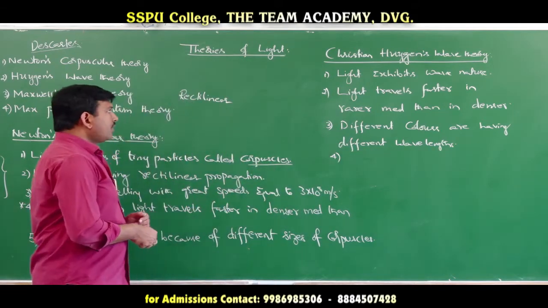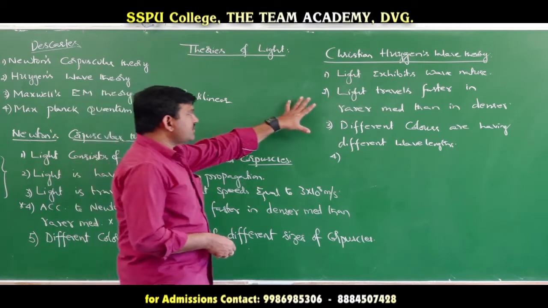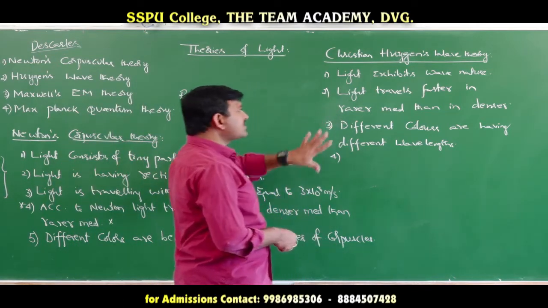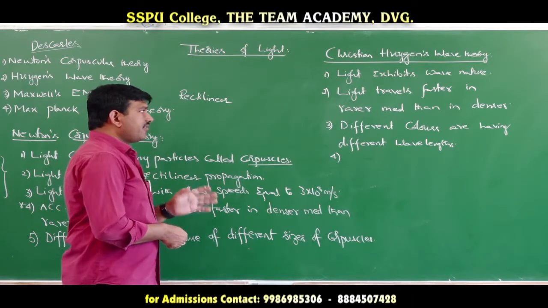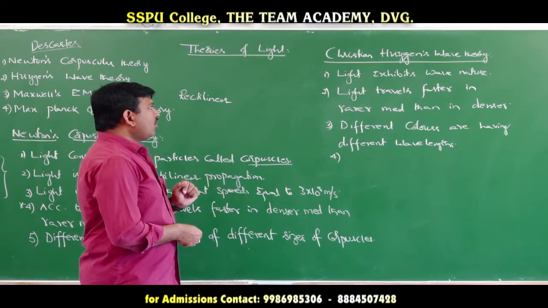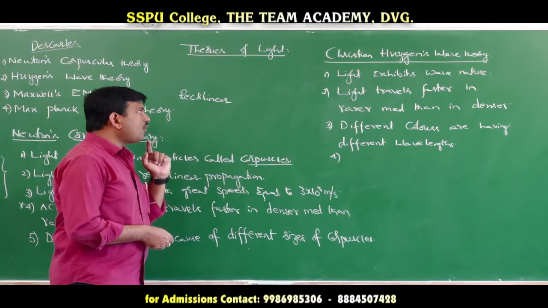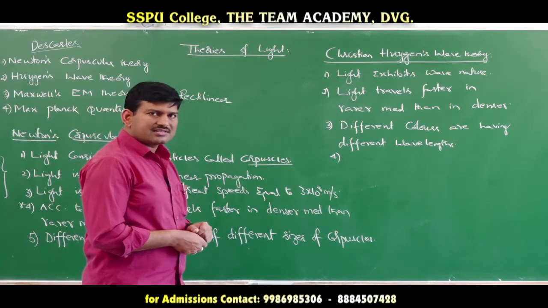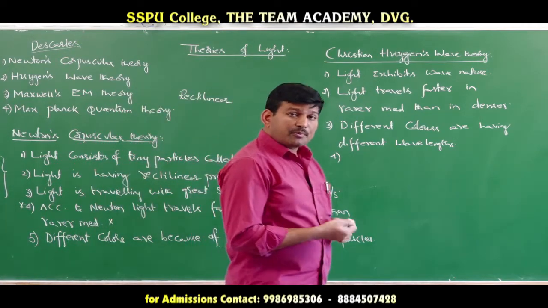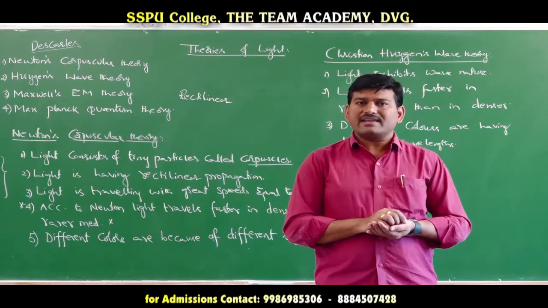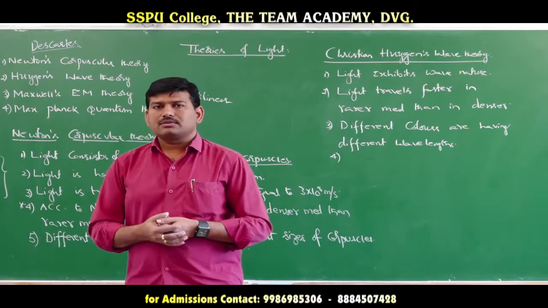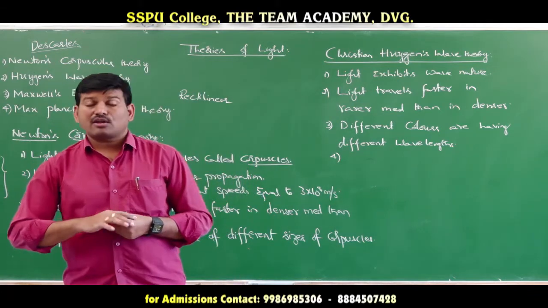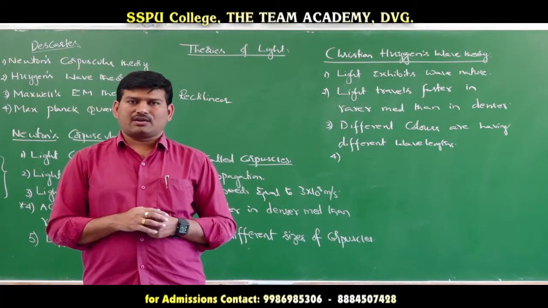And now this is about Christiaan Huygens' wave theory, and using this wave theory, they succeeded in explaining the interference phenomenon. But here one more important thing that we have to remember regarding the Huygens wave theory is, at the time of proposal of this theory, they were more aware about the mechanical waves, but not aware about the non-mechanical waves.